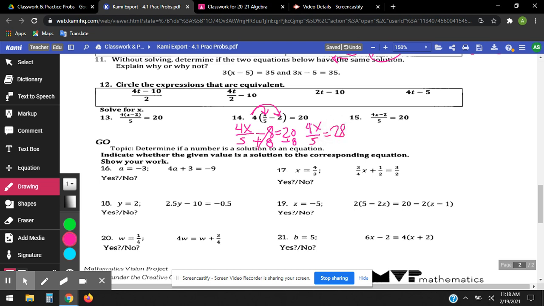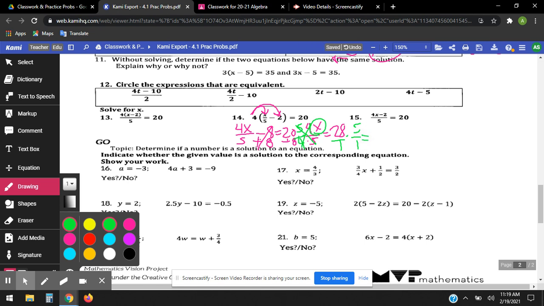Well, I'm still trying to get that x by itself, so I can try it in 2 moves or I can try it in 1 move. I could start by multiplying by 5 to both sides and then dividing by 4, or I could do it in one step and multiply by 5/4. So I can multiply by the reciprocal and just get it gone in one shot. So those two would cancel, leaving me my x. 28 times 5.